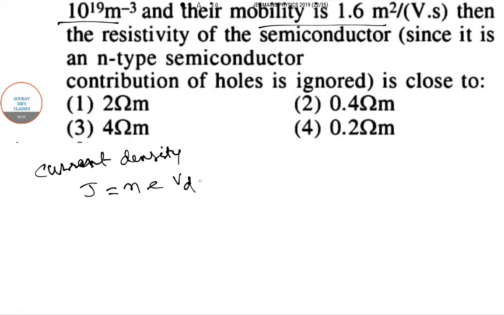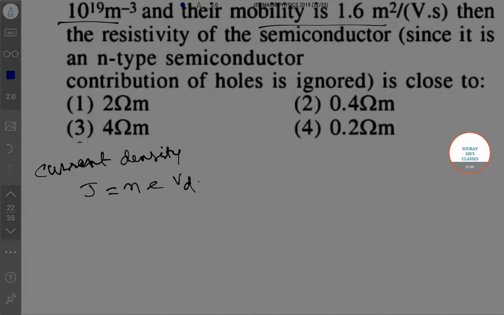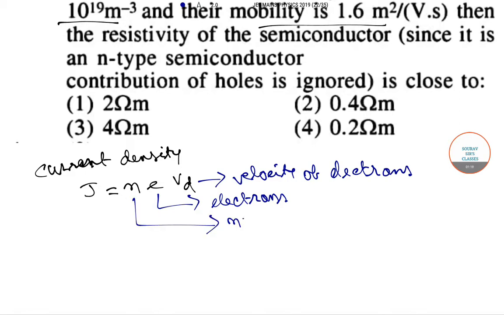This V is the velocity of electrons, and e is the electron charge, denoted by e, and N is the number density of electrons.